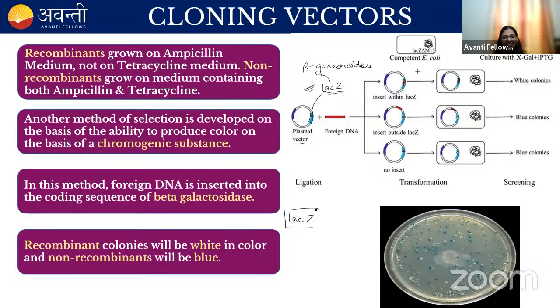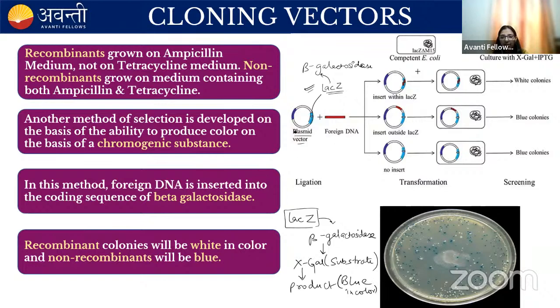So when this lacZ gene is intact, it produces the beta galactosidase enzyme. This enzyme will act on a substrate which is X-gal, present in the medium. This X-gal will be converted into a product, and this product is blue in color.